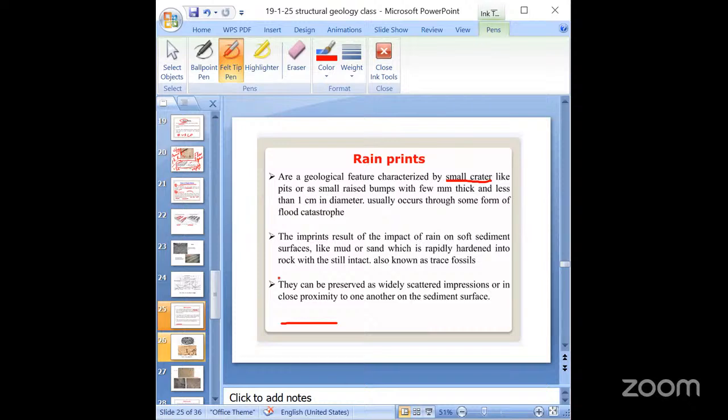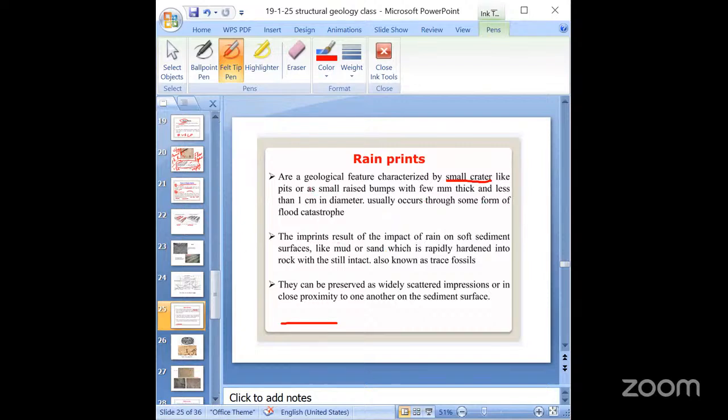Raindrops are good indicators of subaerial exposure, but they are not exclusive to arid climates, though they may have a higher preservation potential in such conditions, right?